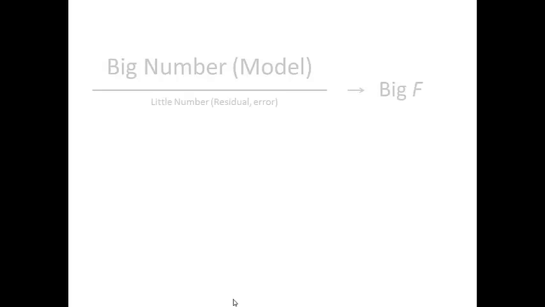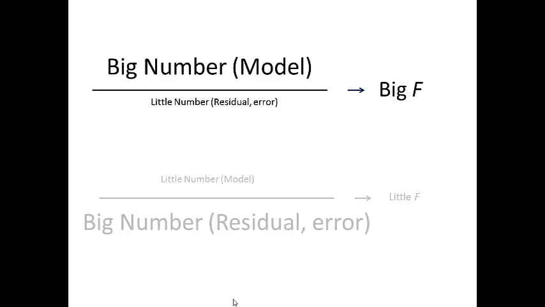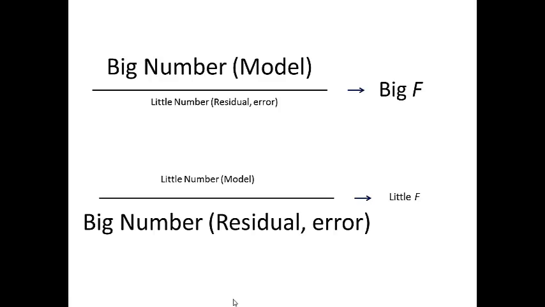Here's the important point. This is where I wish I had a drum roll. If our F is large, then we have little error. If we have a very small value for F, then we have a lot of error.